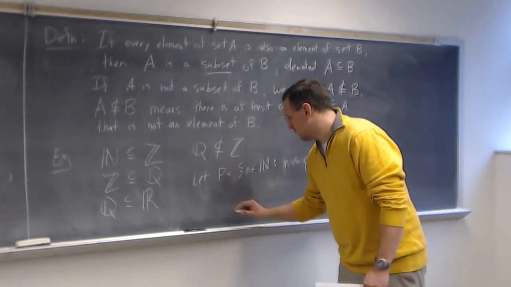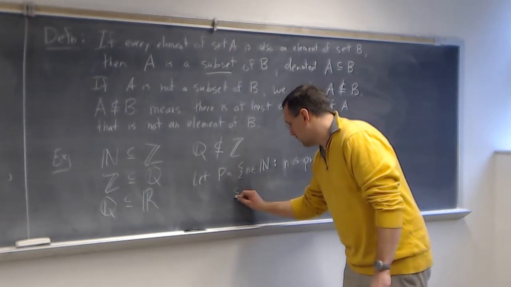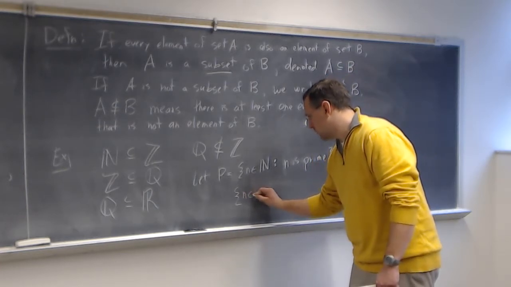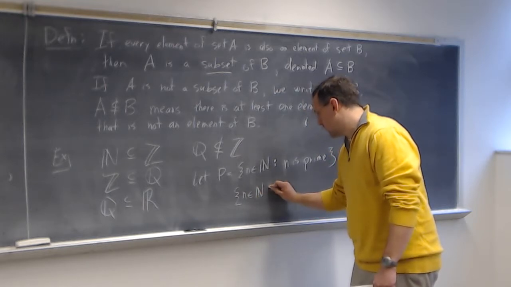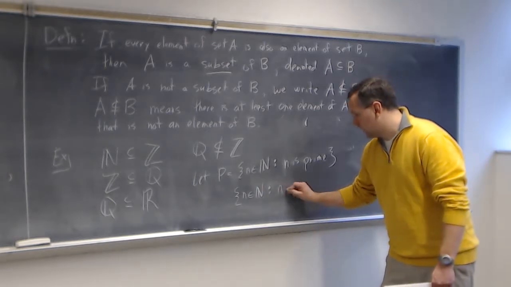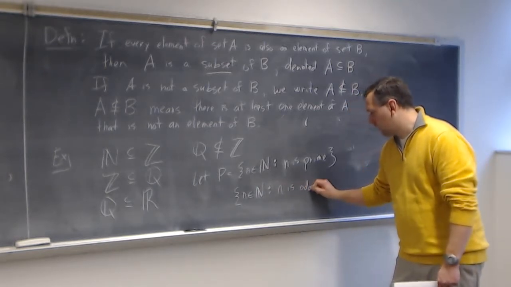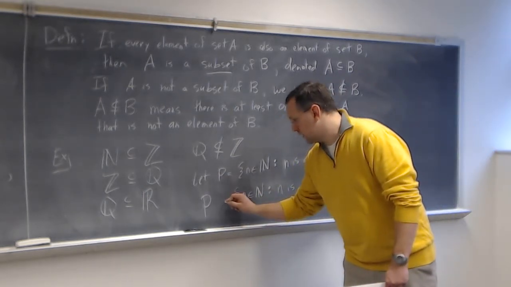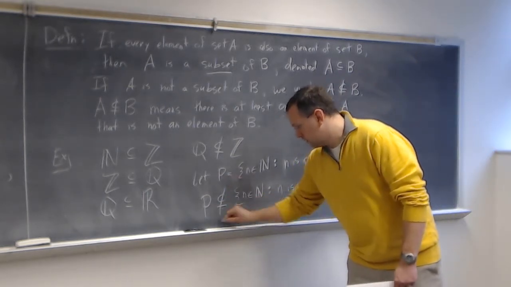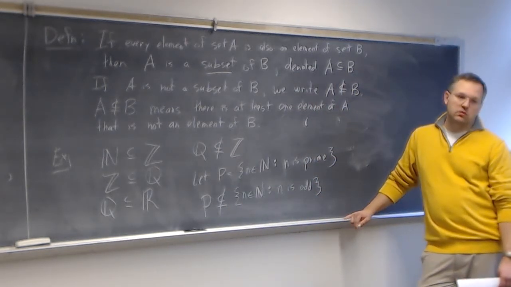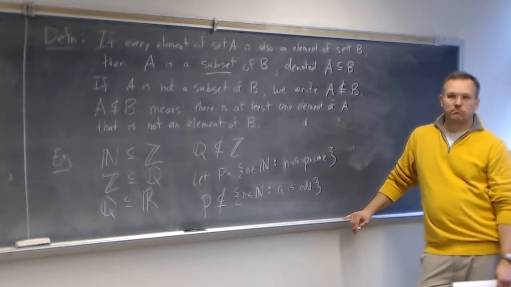All right. Let's write another set. How about this set? A set of natural numbers that are odd. So a set of natural numbers such that n is odd. P is not a subset of the odd natural numbers. Why?